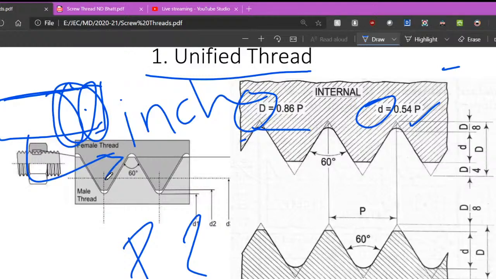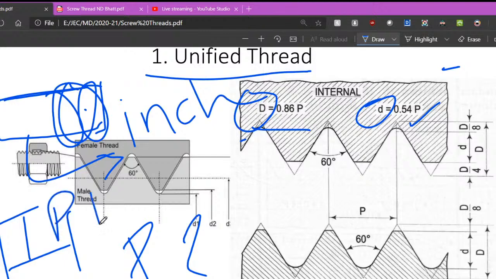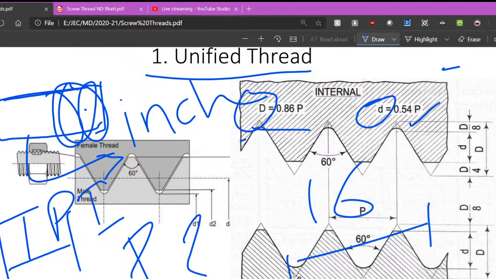Again, in this case, it will be mentioned how many threads are in 1 inch, also called threads per inch, TPI. So if you have 16 threads in 1 inch length, you mention 16 TPI, threads per inch.